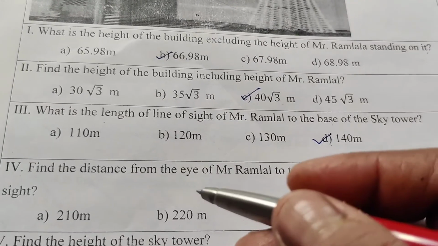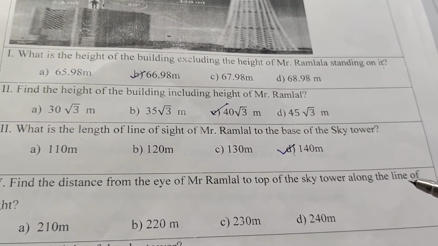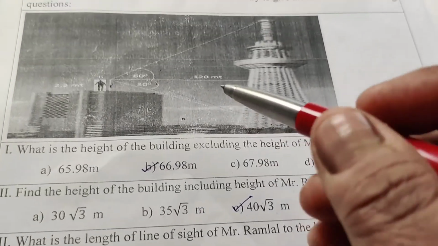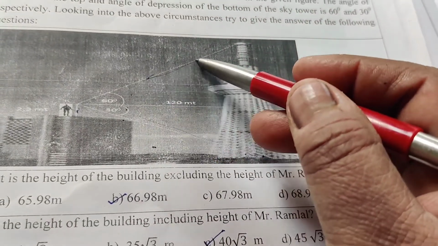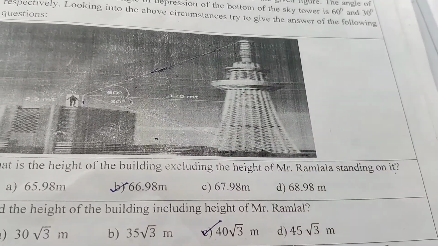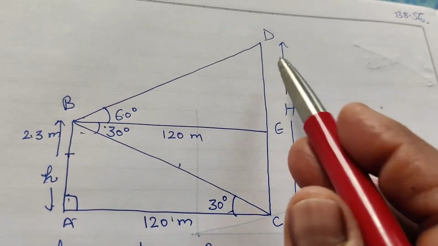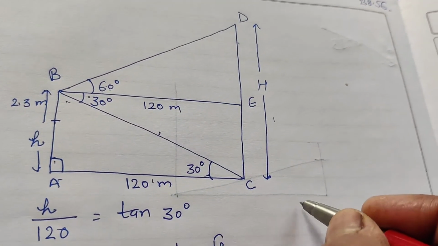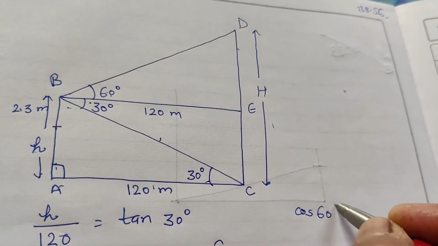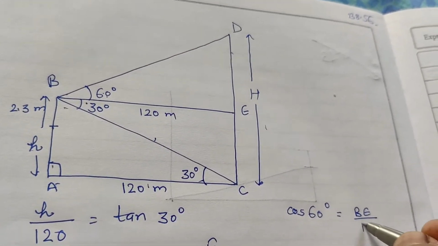Next, find the distance from the eye of Ramlal to the top of the Sky Tower along the line of sight. It means find this one line. This is also the hypotenuse of this triangle. In triangle BED, cos 60 degrees equals base by hypotenuse, BE by BD.